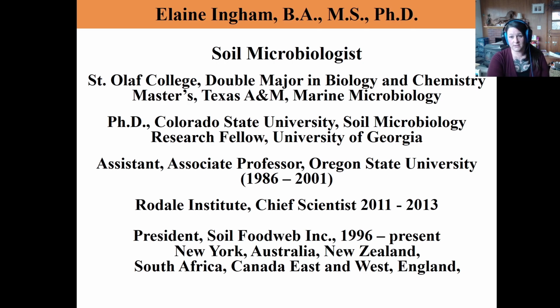Now, this is where it gets a little tricky and dicey for Dr. Ingham, because around this time, in the late 80s and early 90s, the way we grow food in big ag started changing, and companies like Monsanto started to take a foothold, and big ag really began to unfold.